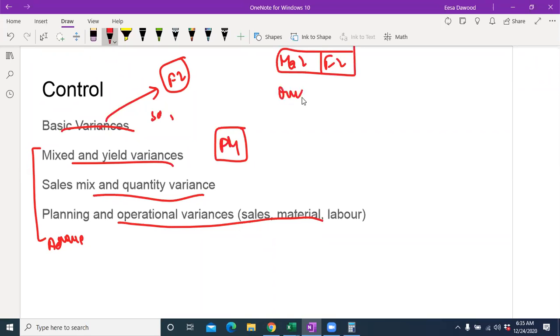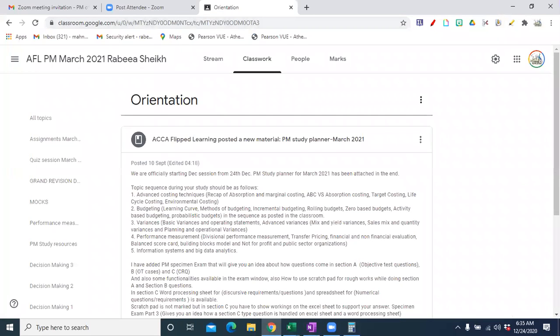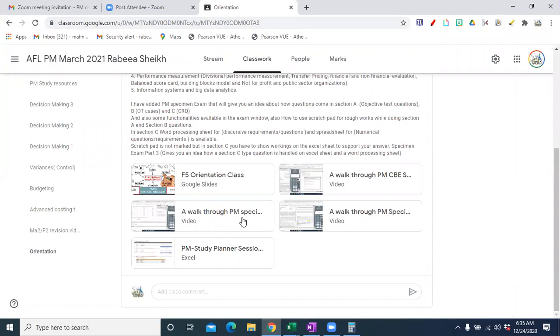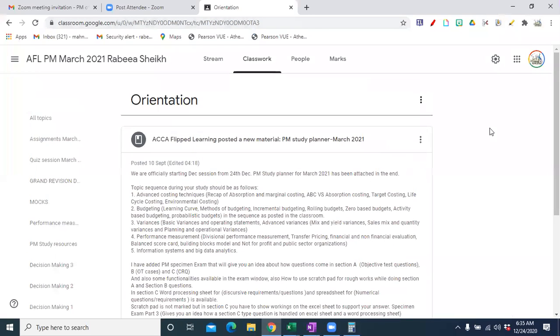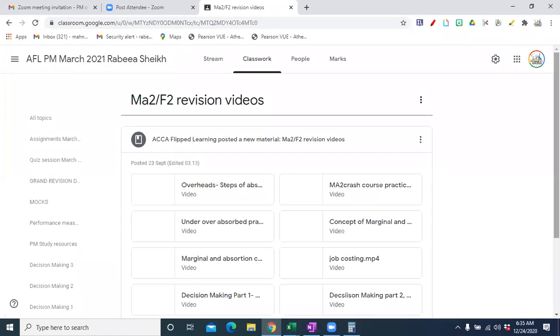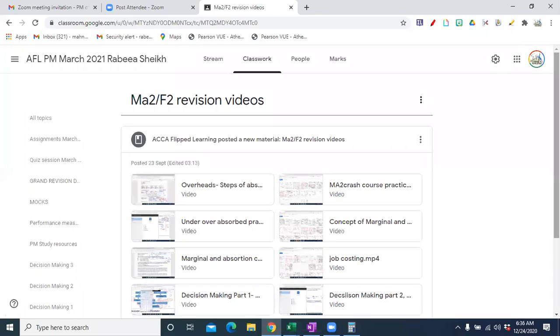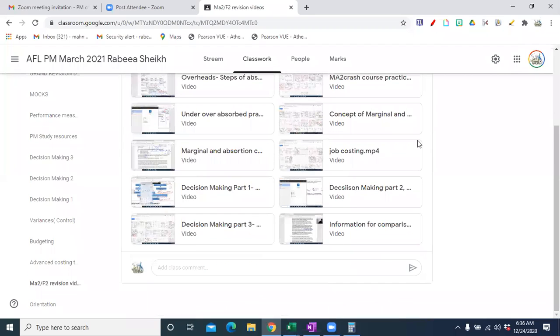So you start from the orientation tab I have in my classroom. I have a set of things here. Planner is there, these slides are there, and then there's the specimen exam. Starting from that orientation, you will move on to the MA2 and F2 videos. It will give you a very good recap of revision. If your understanding is weak, you need to work on your conceptual understanding, so there are topics related to that.